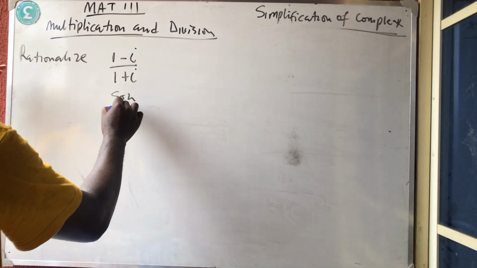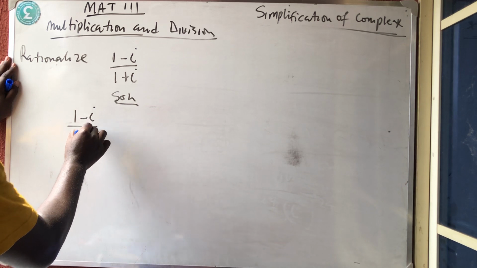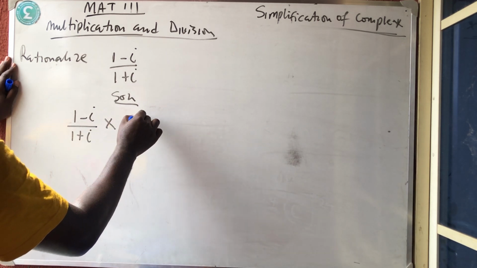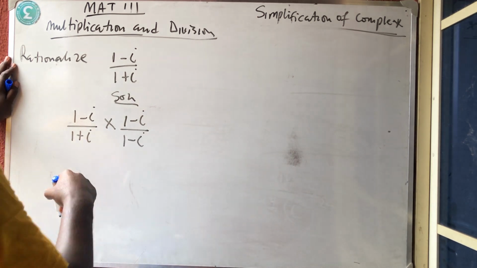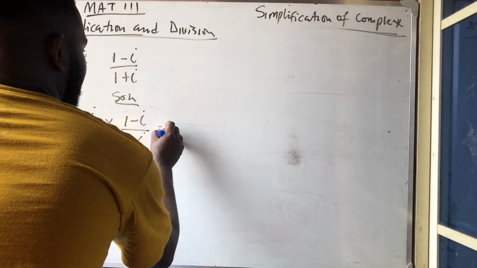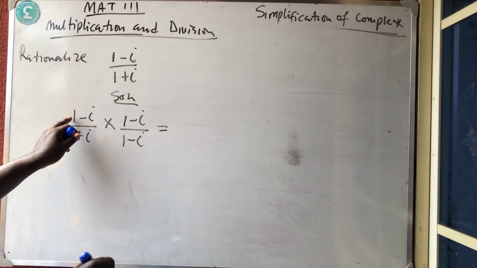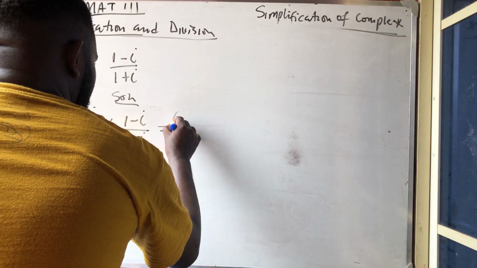Solution. So I'm going to have 1 minus I over 1 plus I, times 1 minus I, the conjugate of this one, divided by the same 1 minus I. Okay, we are going to use the conjugate to multiply up and down. Okay, so the answer is, don't forget, this first person will multiply everything, and the second person, if I put them in bracket, you will be getting it very well.